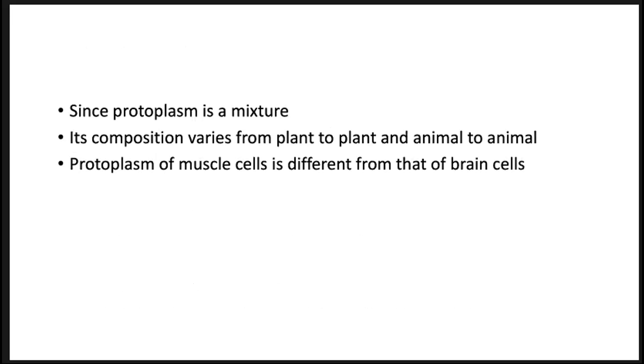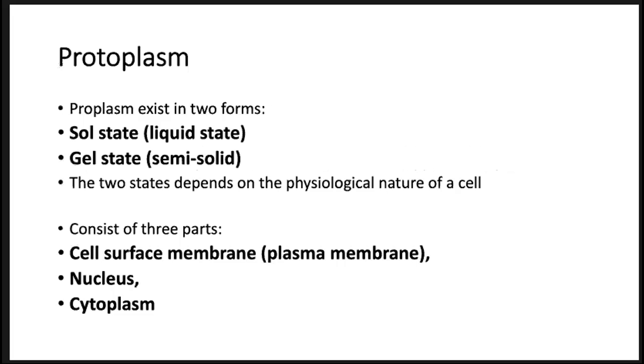Since protoplasm is a mixture, its composition varies from plant to plant and animal to animal. It varies even between the different types of cells, such as the protoplasm of a muscle cell, which is different from that of a brain cell. Protoplasm exists in 2 forms.